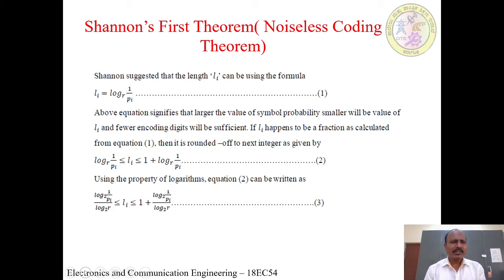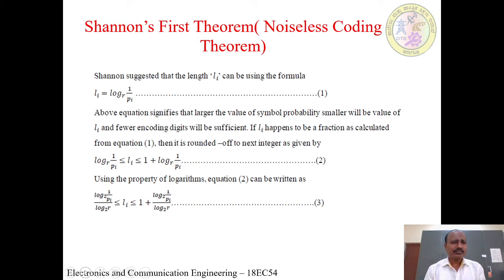We have already seen that information is inversely proportional to the probability of occurrence. When the probability is more and more, the information is less and less. So with the help of the same equation, we write the length of its bits.